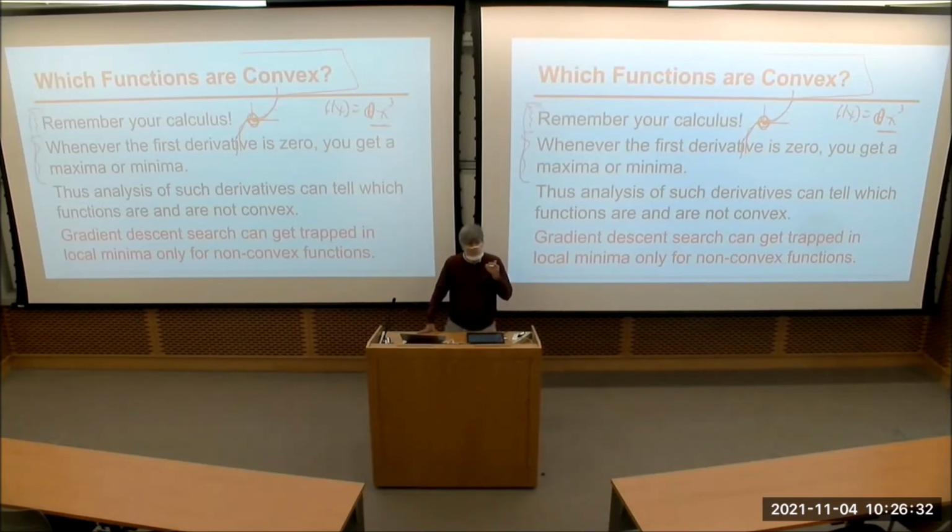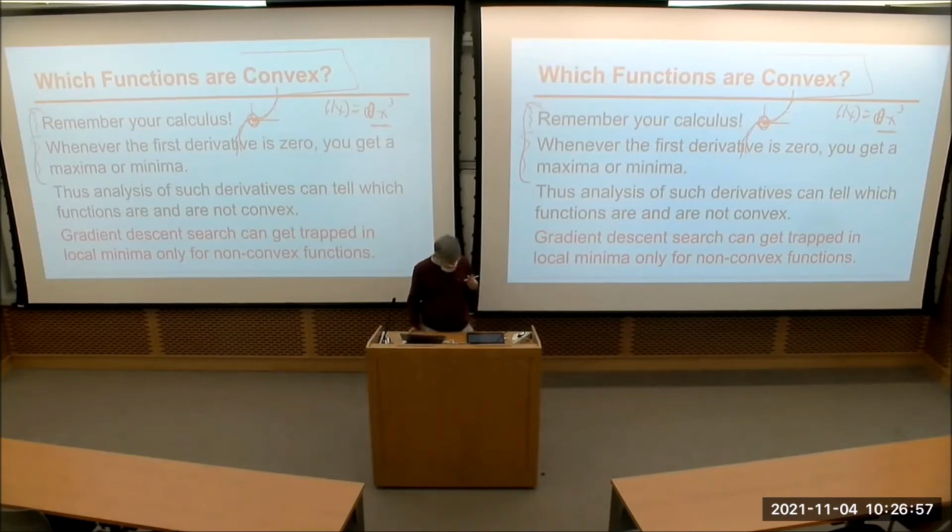You guys knew about finding maxima and minima when you took calculus. It was also more complicated. There were things called saddle points and other things going on. Bottom line is certain functions are convex, certain functions are not. People who know what they are doing, if they analyze the derivatives and the second derivatives, can make sense of this.